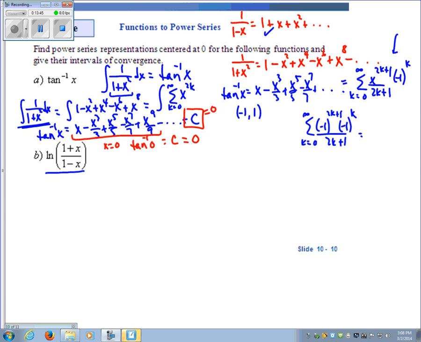So it's still going to be an even or odd number. Now this negative 1 to the k, it's easier probably if we think of it this way. Think of this as our alternating sign, and this is the value of x. We're going to have that alternating series here.